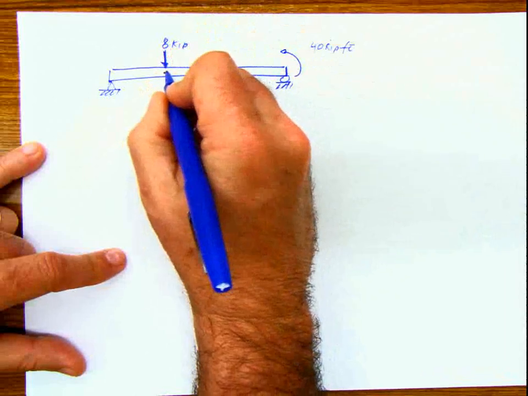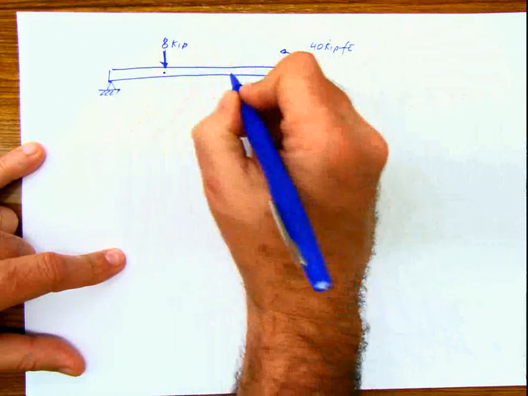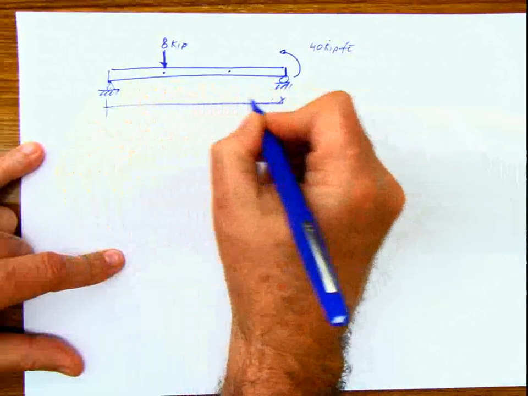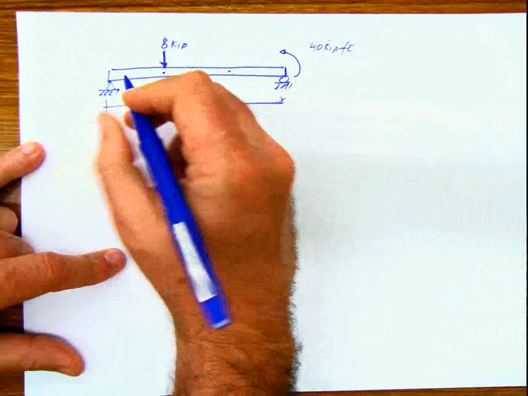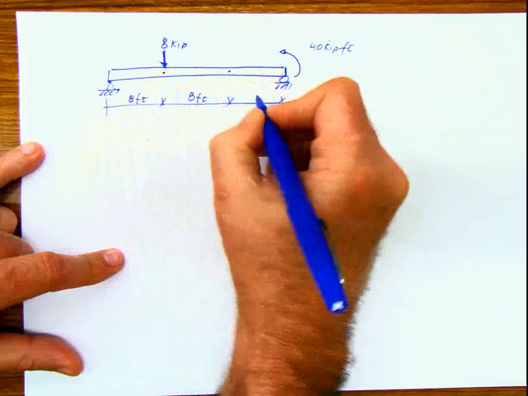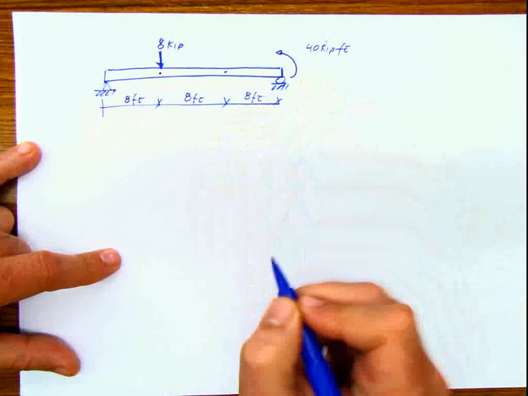I have one point, this is not a hinge, this is just a point that I'm showing on that beam, and the distances are 8 feet here, 8 feet here, and 8 feet here.